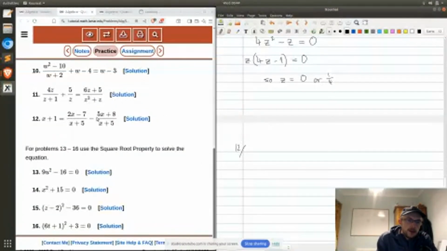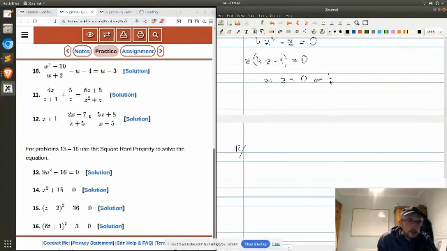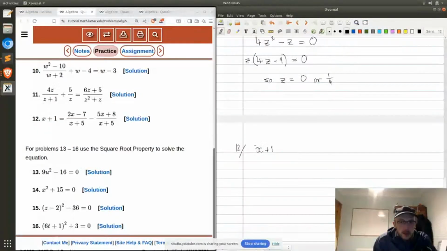To solve this one, we will combine these two rational expressions here. And we will multiply the top and bottom of this one. No, hold on. We will times it by plus x. Okay? That's equal to 2x minus 8.